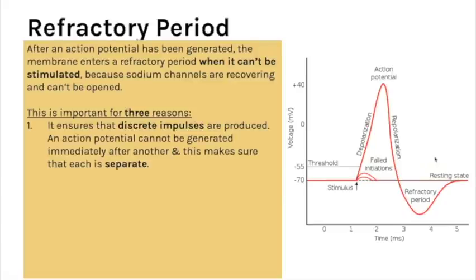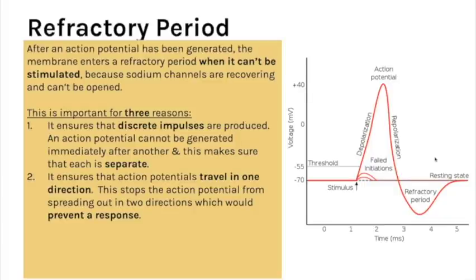The importance of this is, first of all, it ensures that discrete impulses are produced. So an action potential cannot be generated immediately after another, and that makes sure each one is separate. So that helps with you being able to identify the source of the particular stimulus. It also makes sure that the action potentials will only be travelling in one direction along the axon.